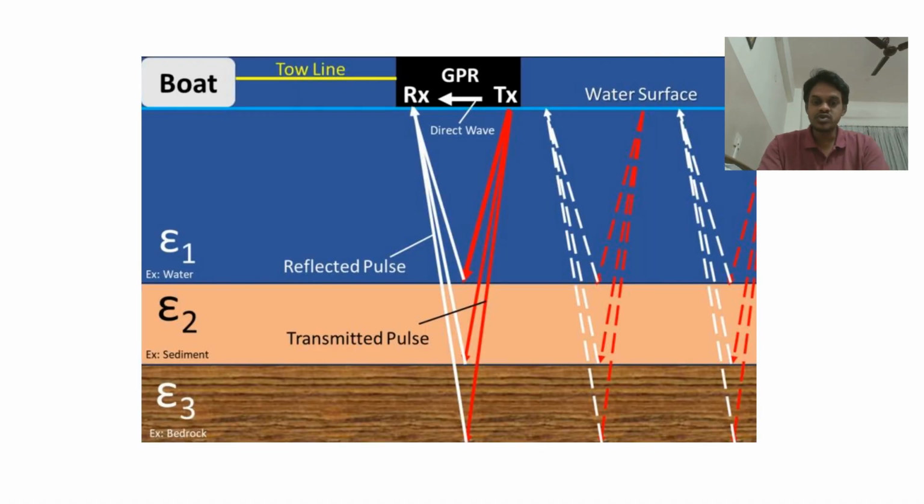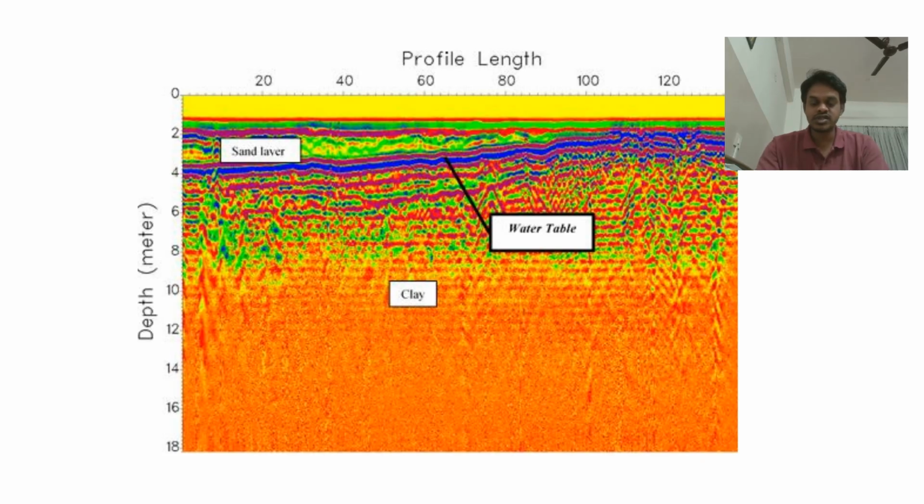And before choosing the instrument, you have to choose the antenna frequency, the survey method, and also consider the interpretation strategy. So it doesn't mean GPR is useless in clay, because sometimes you can use lower frequency antennas.